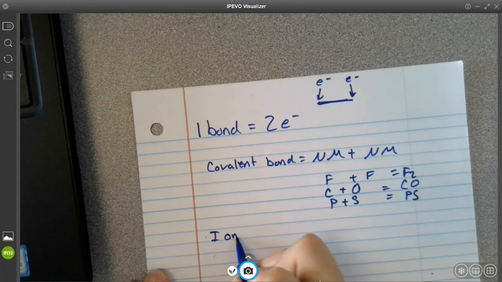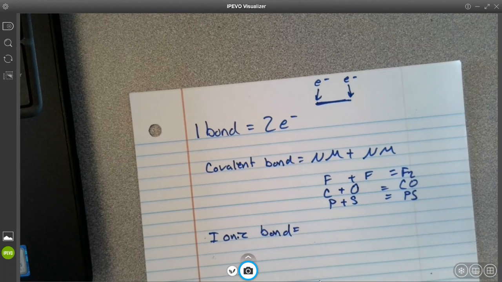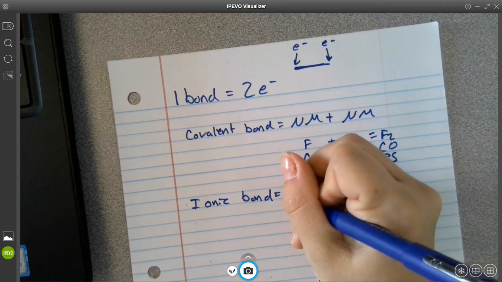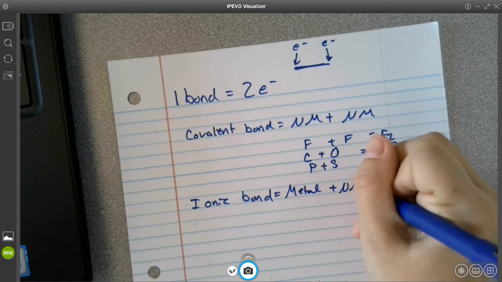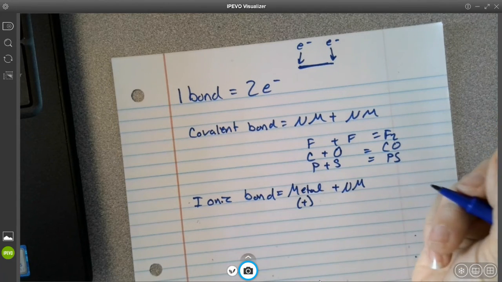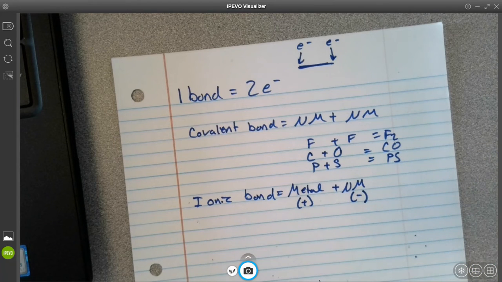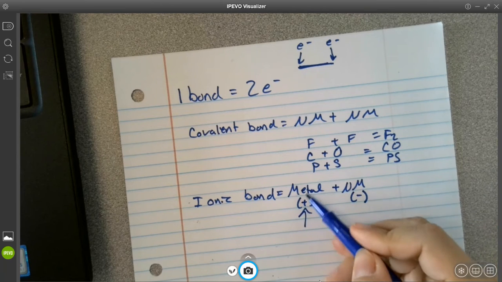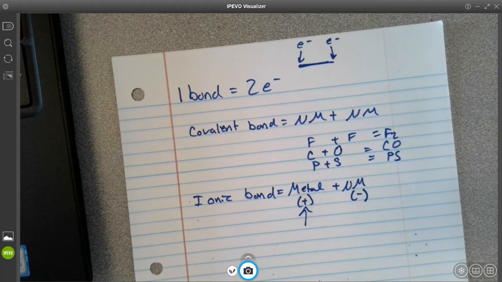I can also have ionic bonds. Ionic bonds are our most popular bonds that we actually have. And that's between a metal and a nonmetal. A metal will have a positive charge, and your nonmetals generally have a negative charge. So these charges are why metals go first and nonmetals go second.